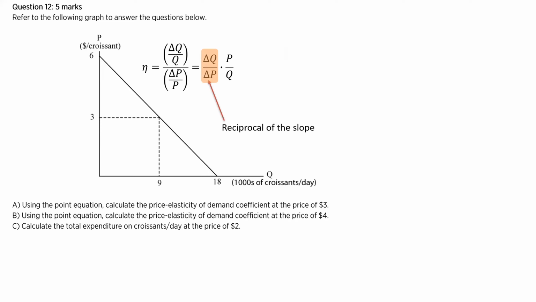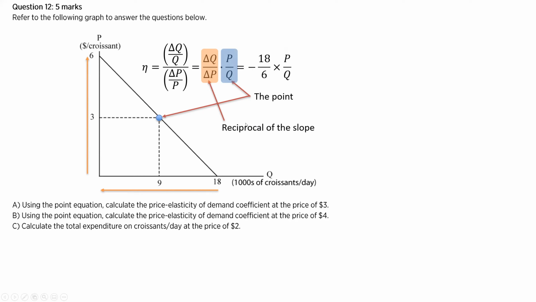So the slope is going to be the rise over the run. So we can use the reciprocal of that to find this here. And then we've got this other part here, which is the point, this point here. Now all we have to do is plug in the data. So the reciprocal of the slope is going to be 18, but it's negative 18.